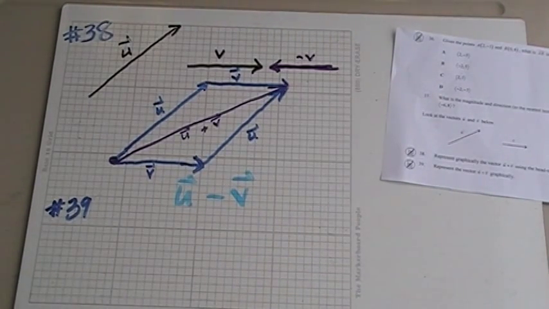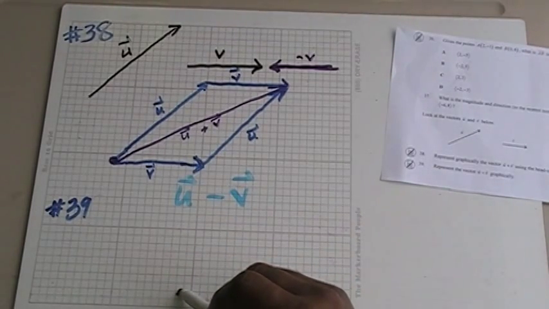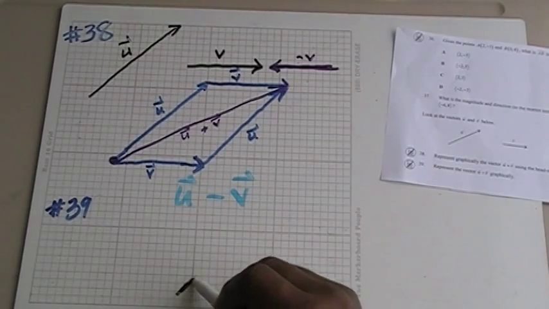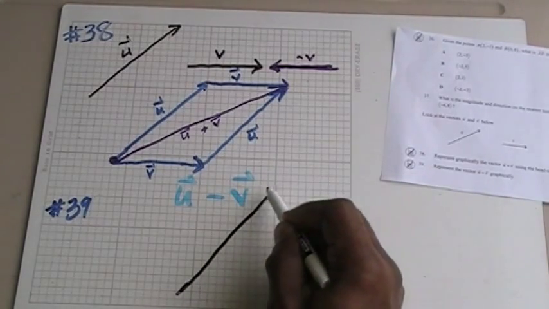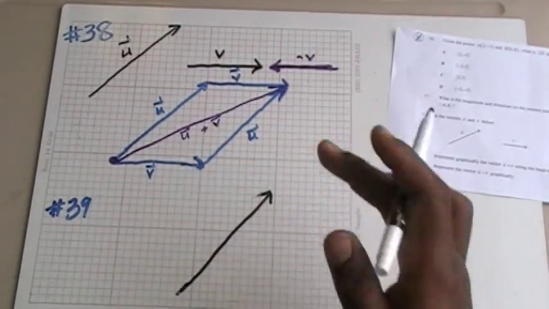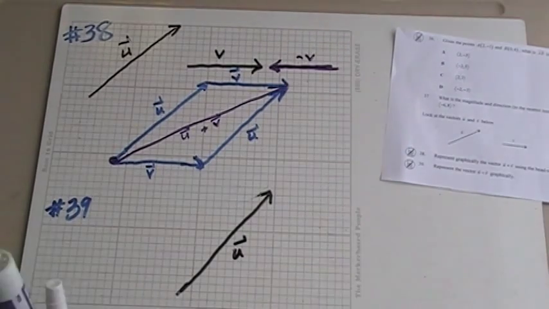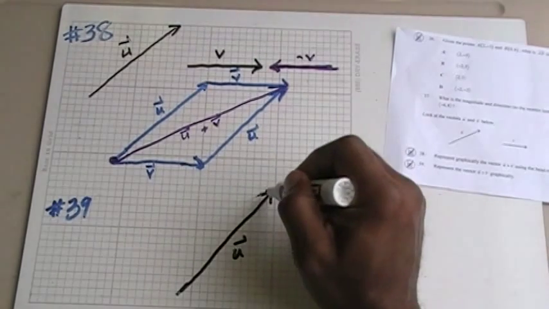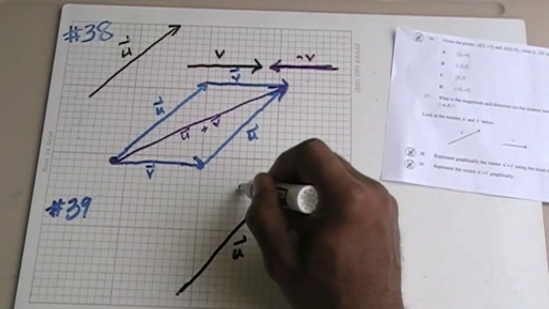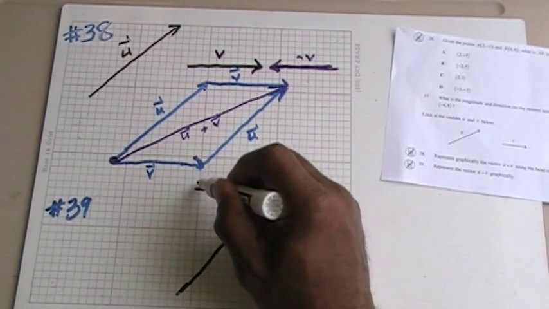All right, vector u, again, start about right there. Good estimate. I'm going to move this out of the way since I have to go in that direction. There's my vector u. And then minus v, or negative v, is about that length.